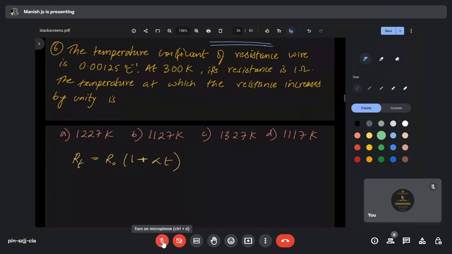That is what alpha is here. So that is 0.00125. So that is basically your coefficient. Okay. First find out the temperatures, and then you can solve it.